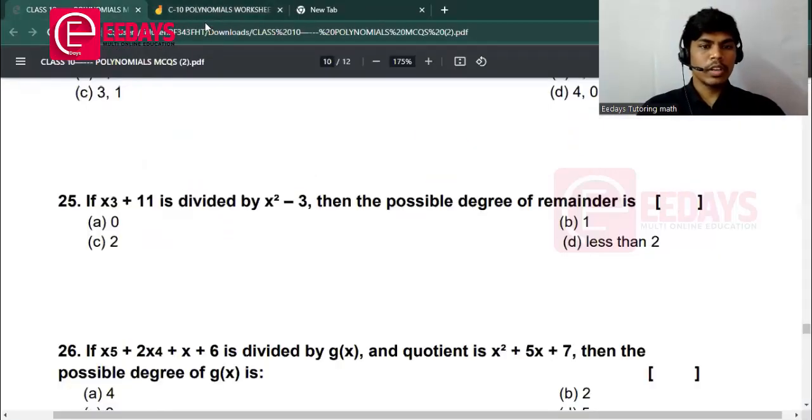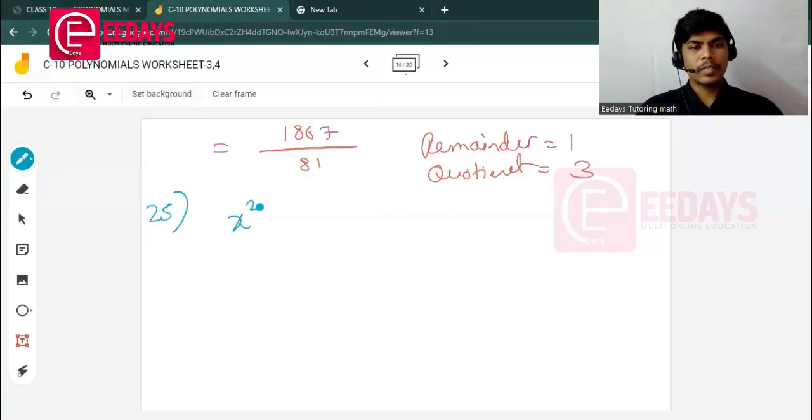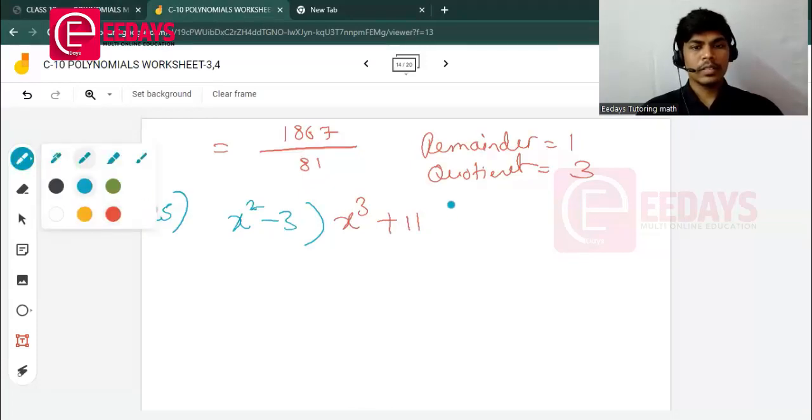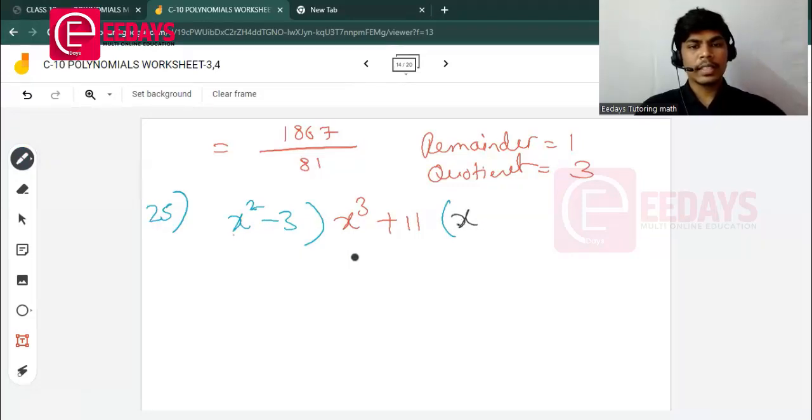So let us do the division algorithm. x square minus 3, we divide x cube plus 11. So which term should we multiply? If you multiply x square by x, we get x cube minus 3x.